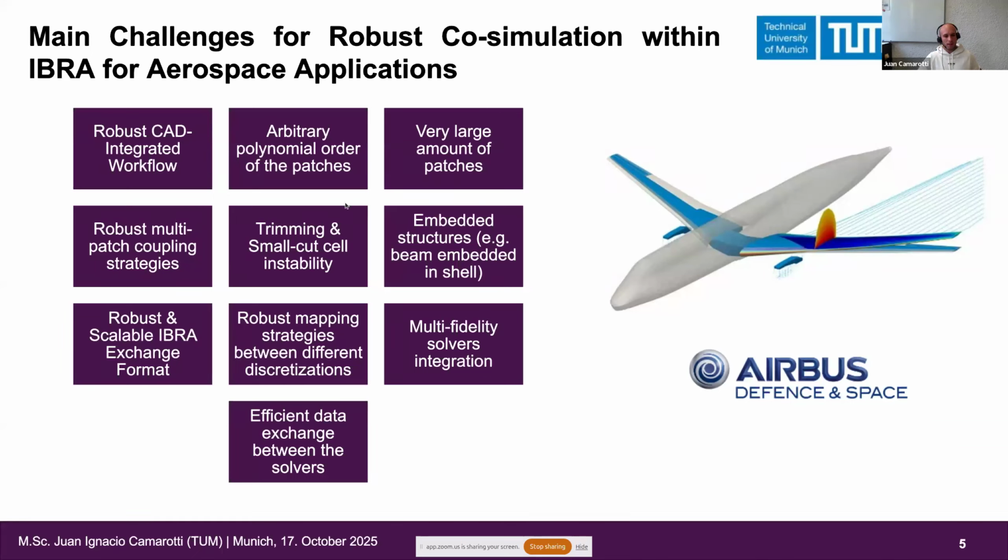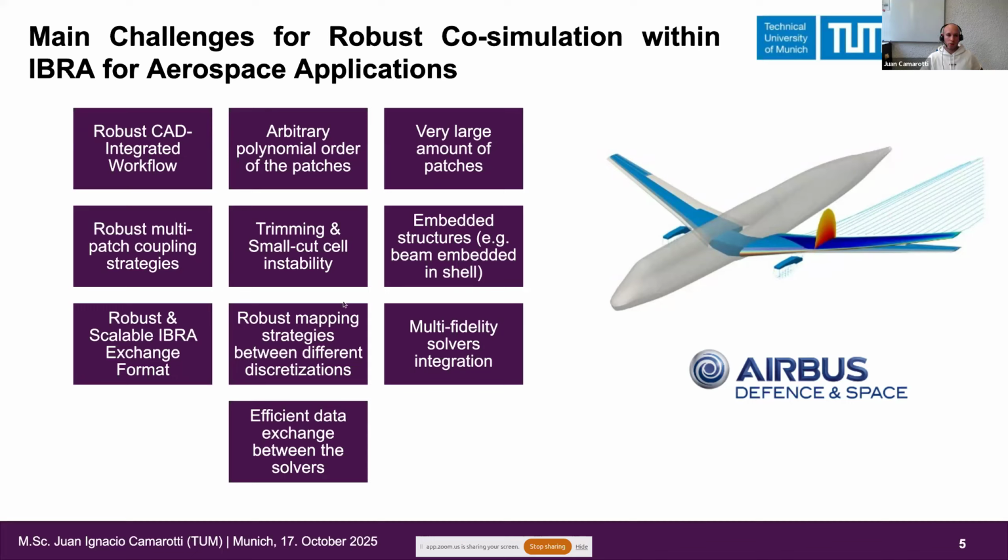Then regarding the discretization of our structure, usually we need to deal with a very large amount of patches, and usually these patches could be of high order. And in order to deal with this, we need to work with robust multi-patch coupling strategies, which allow us to couple kinematically different patches.